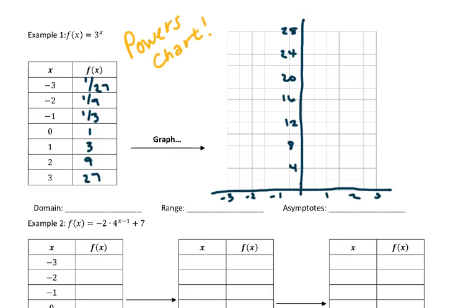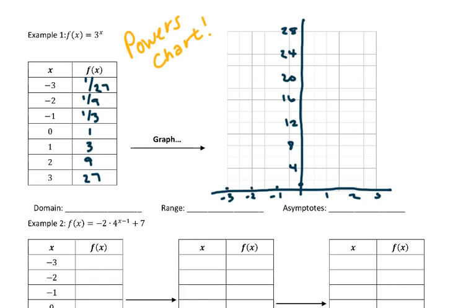0, 1. I always like to plot that 1 in the middle first. And then from there, that's 2, so half of it's 1. -1 is at 1/3. These I know are going to be super hard to plot because they're such small fractions.